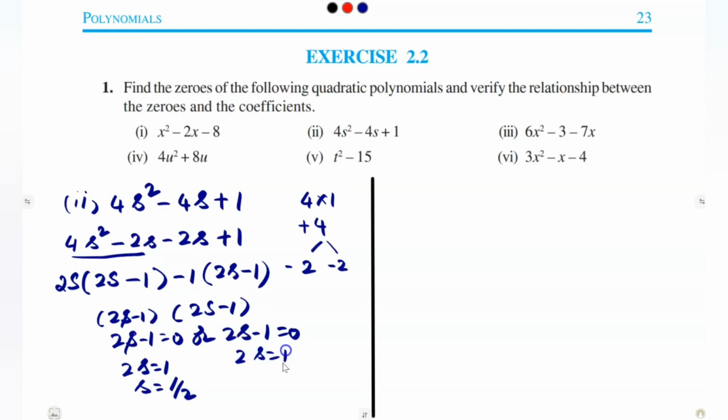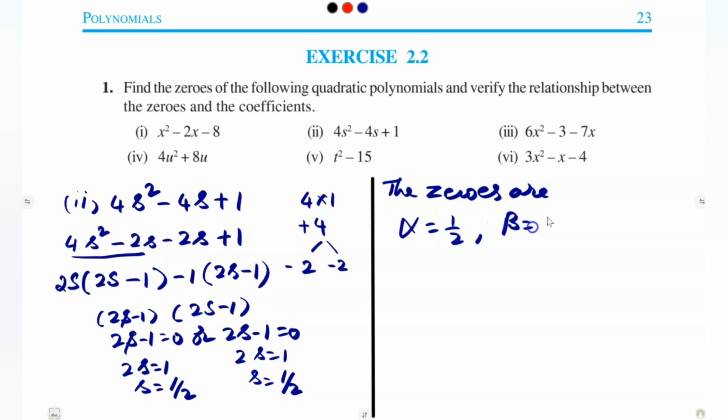The two zeros are the same for this polynomial; it contains only one zero. So let us write both alpha and beta as half. The zeros of this polynomial are alpha is equal to half and beta is also half.